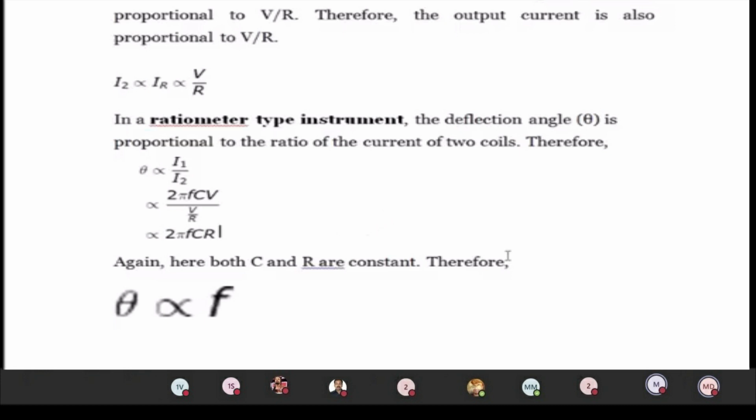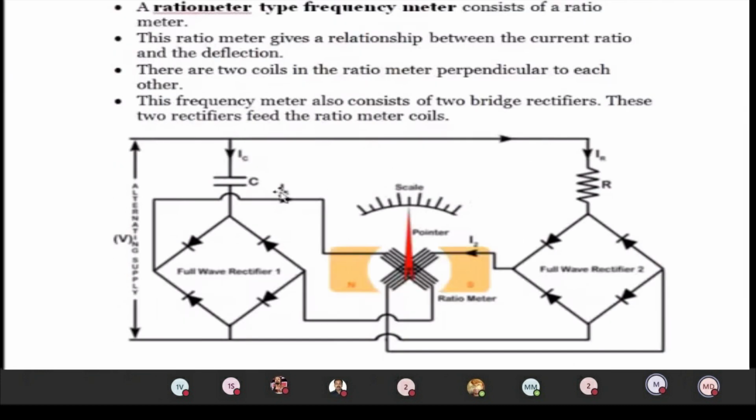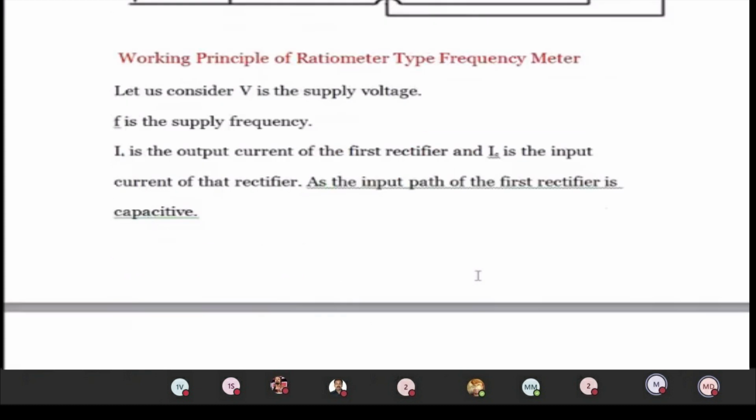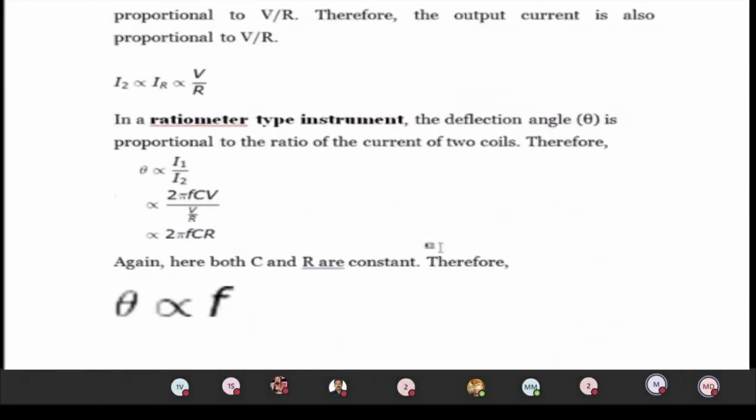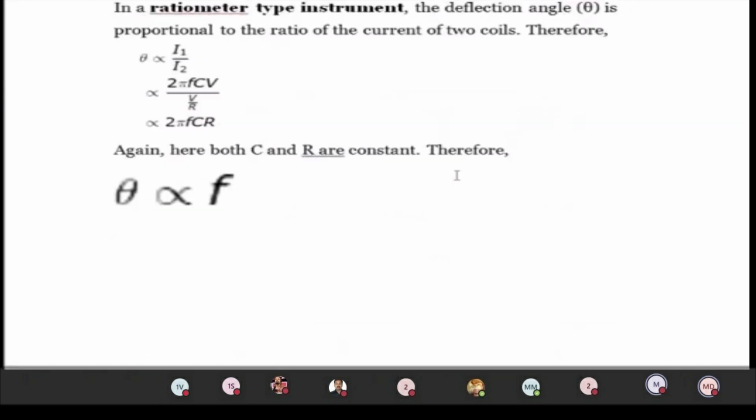Here again in the circuit, the capacitor is a fixed one and the resistance is also a fixed one, not a variable one. Both C and R are fixed, so we can treat them as constants. So in the final equation, we can remove 2 pi CR.